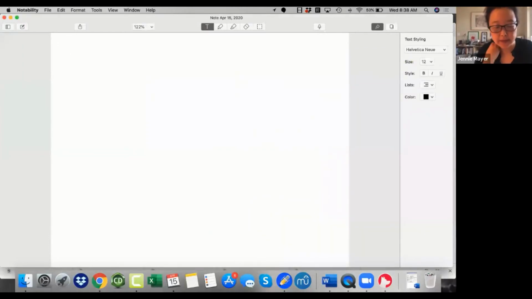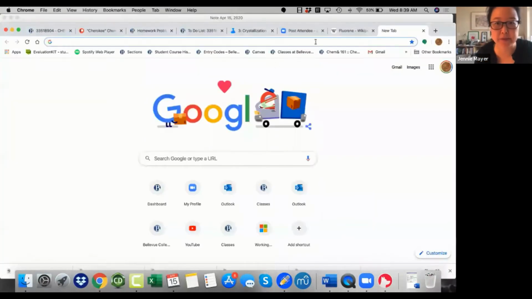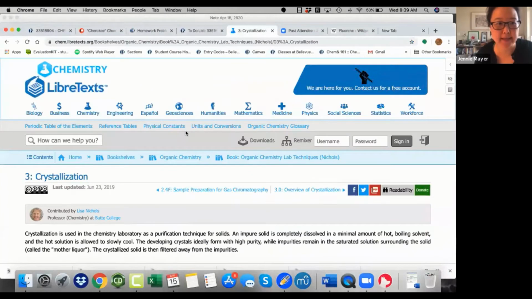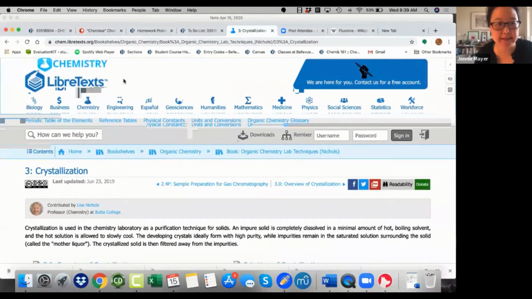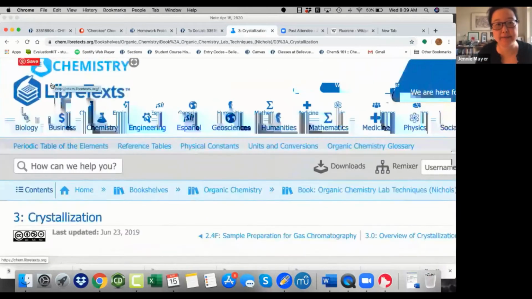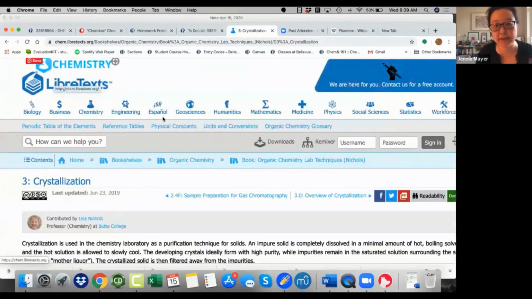For those of you, again, who don't have the textbook, I found a free online resource through Chemistry LibreTexts, chem.libretexts.org. I posted this on our website under the pre-lab assignment.